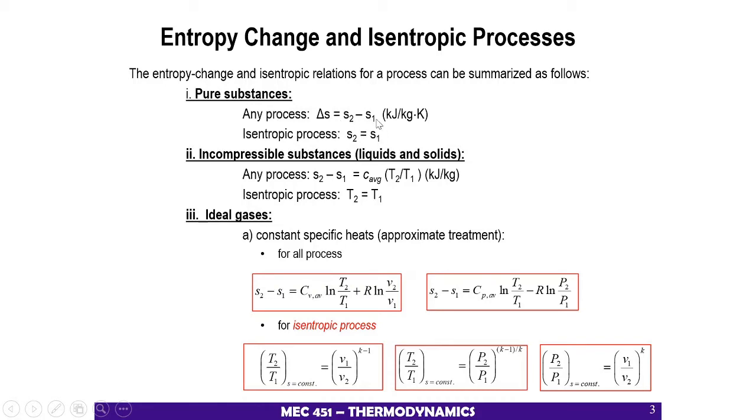For an incompressible substance such as liquids and solids, at any process, S2 minus S1 is equal to C, the average specific heat, times the ln of temperature 2 divided by temperature 1. And for the isentropic process, temperature 2 is equal to temperature 1. This is for incompressible substances.